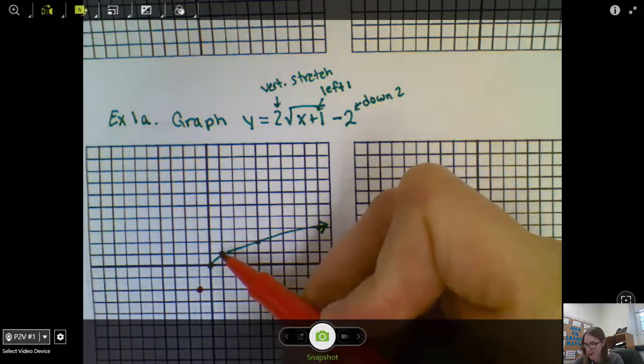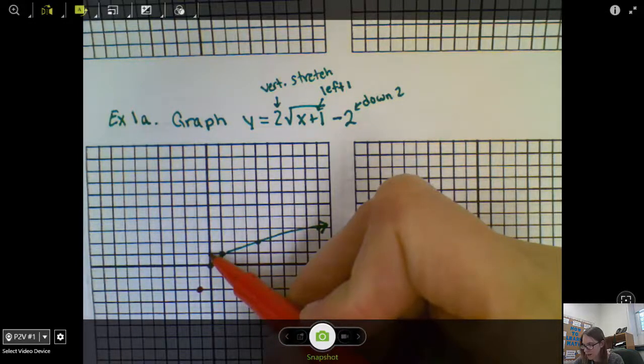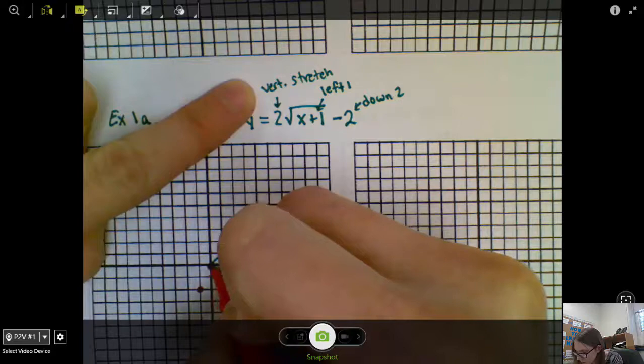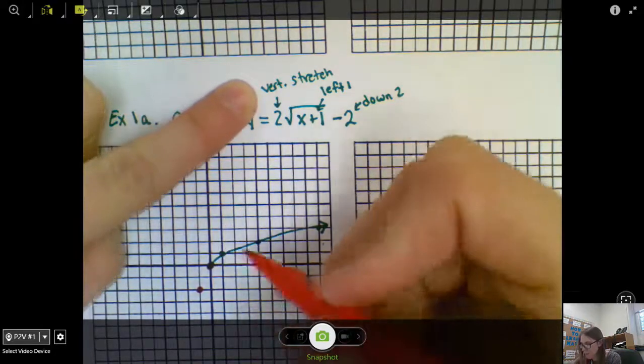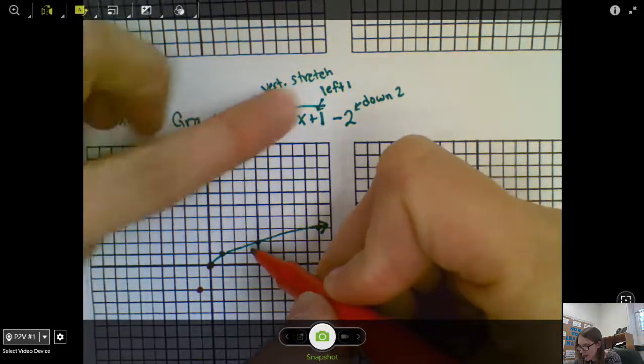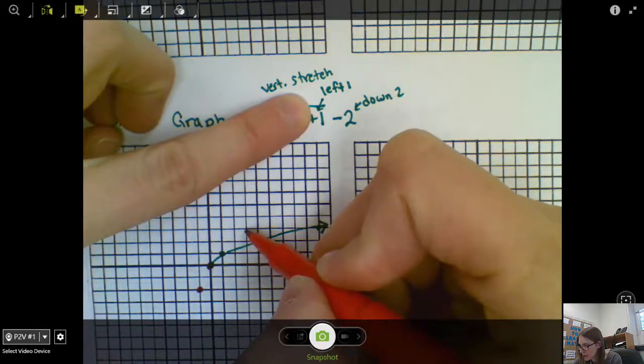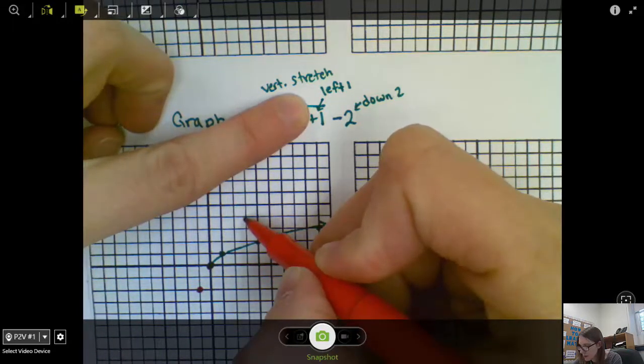This point, I go left 1. Vertical stretch, take my y value times 2, down 2. This point, left 1, take my y value times 2, go down 2.